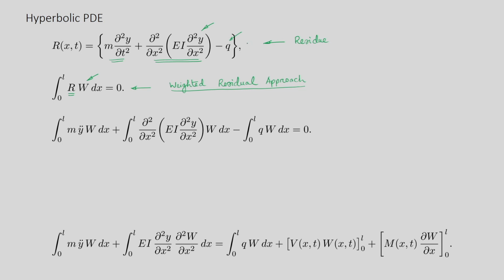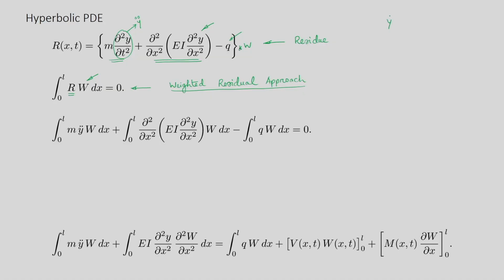So if I multiply w with this residue, what we get? The first term m y double dot. All the time derivatives we will refer to as dot, and all the spatial derivatives we will refer to as subscript comma x.